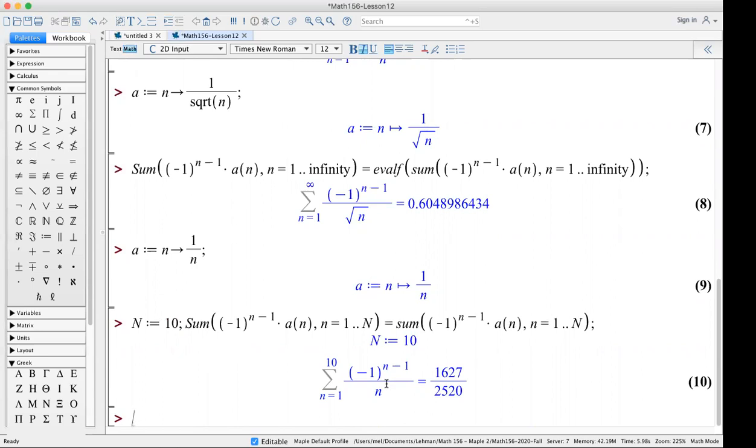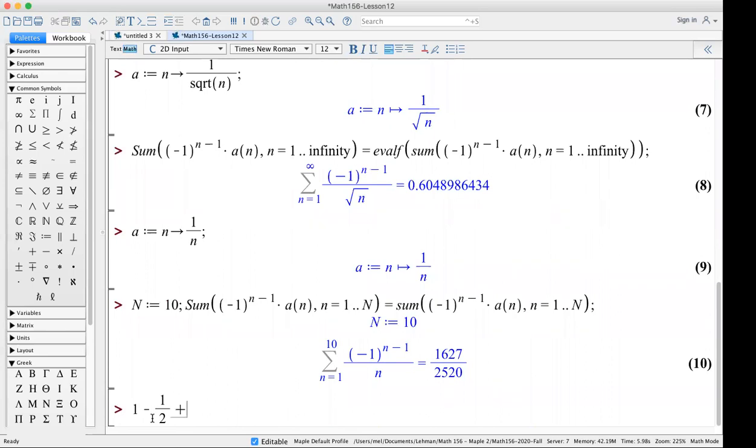If you were to write it out, it would be 1 minus a half plus a third. In fact, let me just do it. 1 minus a half plus a third minus a fourth plus a fifth minus a sixth plus a seventh minus an eighth plus a ninth minus a tenth.